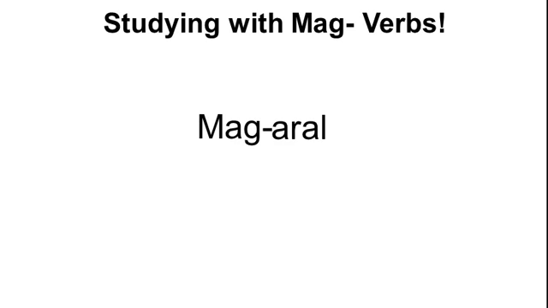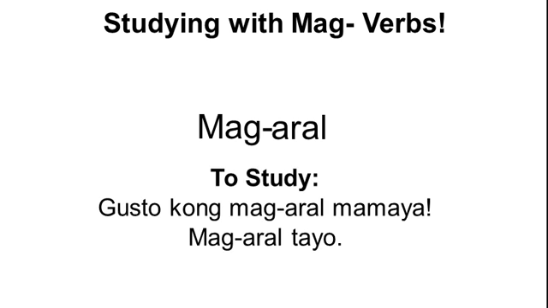There's Brother Mag. Mag-aral. What do you think that means? To study. To study. Okay? Gusto kong mag-aral mamaya. Want of me to study later. I want to study later.